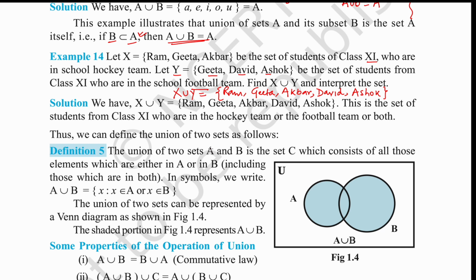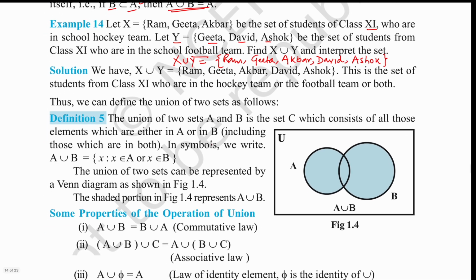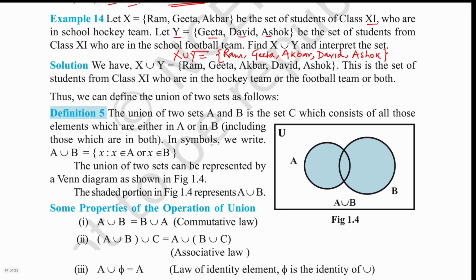Okay. Now let's try to define the union of two sets formally. The formal definition says that the union of two sets A and B is a set C. That means if you take the union of two sets, the resultant is also going to be a set which consists of all those elements which are either in A or in B, including those which are in both.